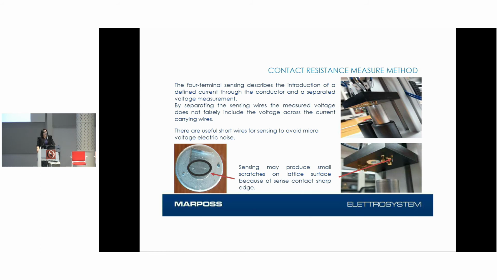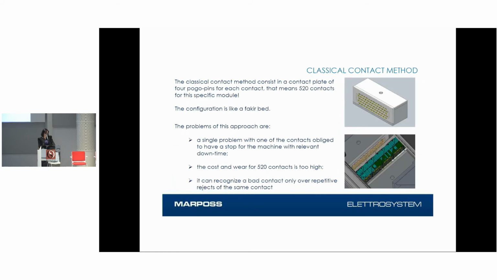And another problem that can be present in this test is the scratching that is introduced during the sensing, maybe here. And there are other aspects that the integrators and the line builders usually deal with every day, for example, the length of the wires or some mechanical adjustment that we need in the machine.